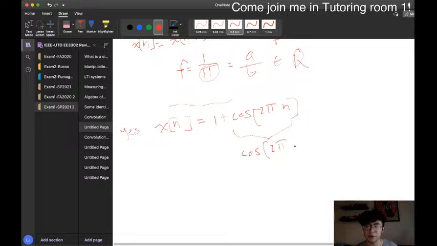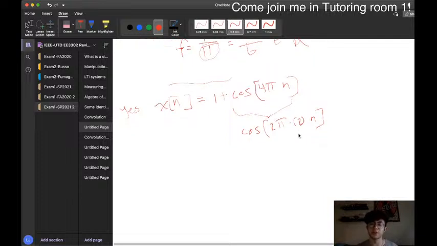So factor out 2 pi, so we get 2 pi f n. Maybe I should have written something other than 2 pi. I'm going to write 4 pi, just so it's more illustrative. 4 pi times n. So that's our frequency now.